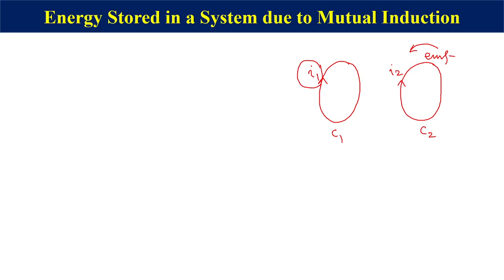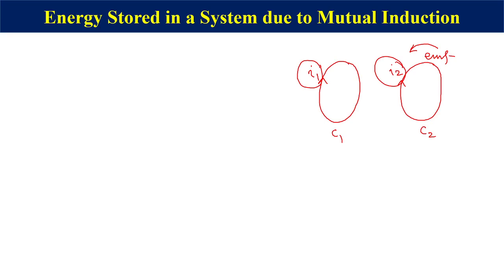As a result, I2 must do some work in order to flow in this circuit, because it is flowing against some opposing force. That is the reason. I'm going to take this into consideration, and from this argumentation I'm going to derive this.